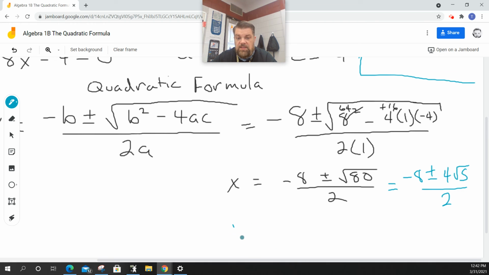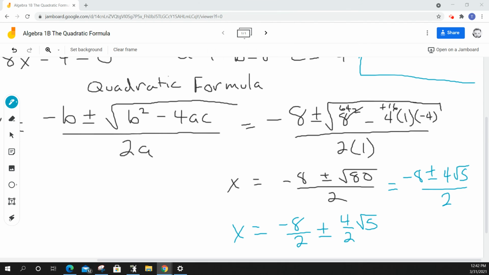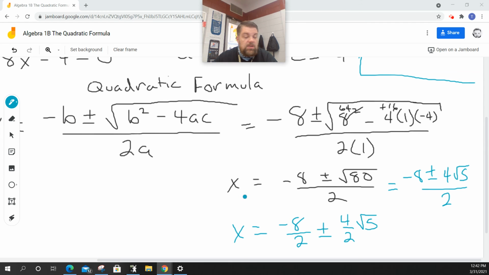So now another thing that we could do to simplify this even more is I could say negative 8 divided by 2 plus or minus 4 over 2 square root 5. Now I did that on purpose because what that allows me to do is simplify this final answer, right?